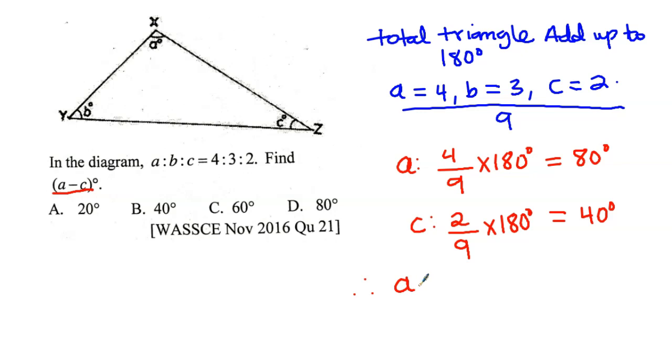Therefore, A minus C must be equal to 80 minus 40, and that will give us 40 degrees.